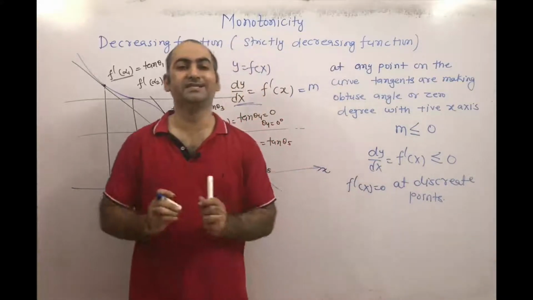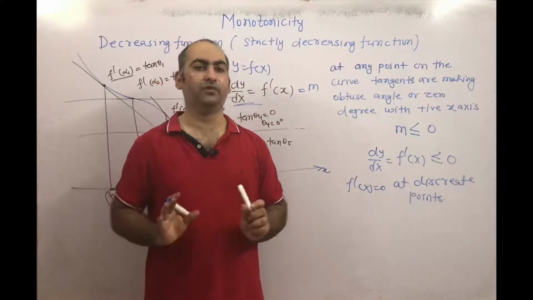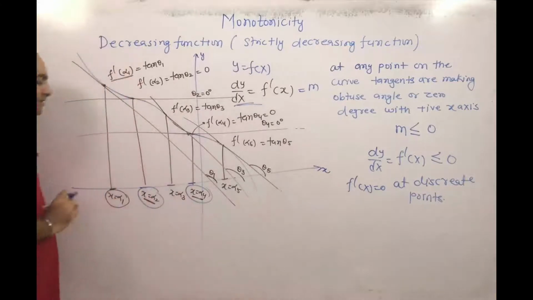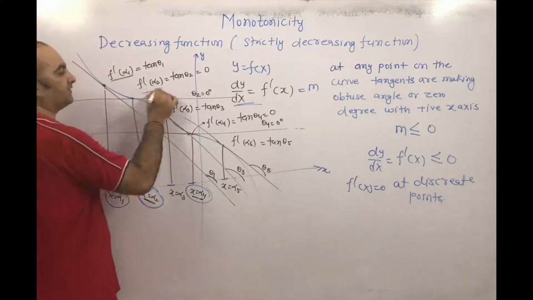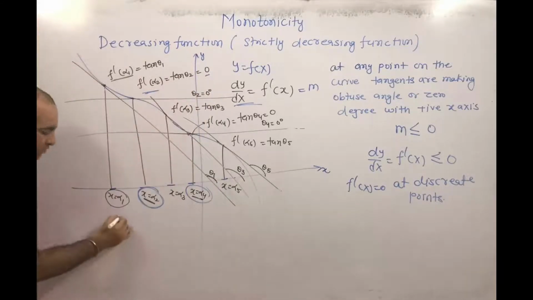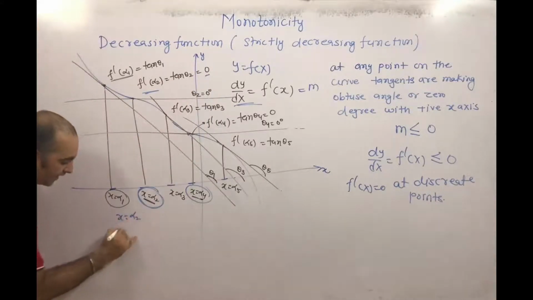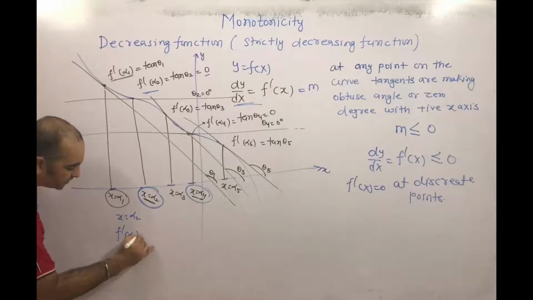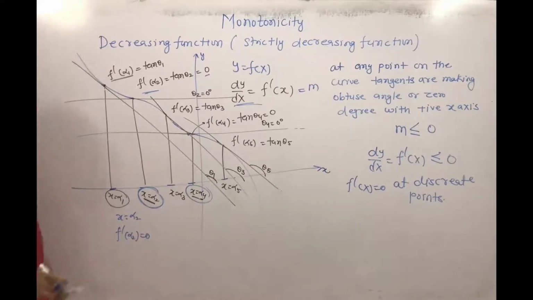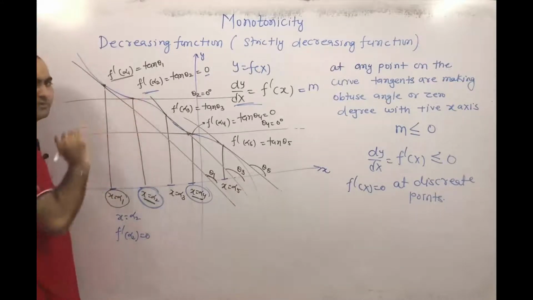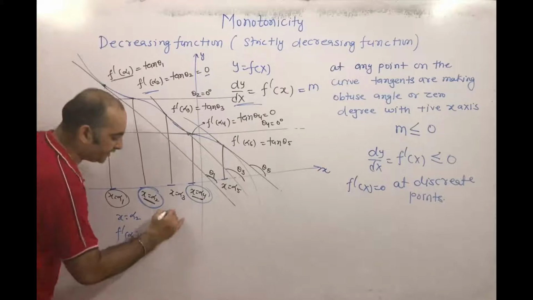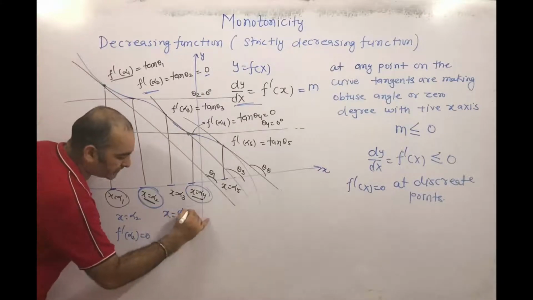Okay, so what is discrete point? Here I am explaining in full detail. So at alpha 2 if you check, f dash alpha 2 is 0. Okay, so x equal to alpha 2, f dash alpha 2 is 0. So discrete point is what? If I take any point right hand side of alpha 2, nearest point, neighborhood point we are taking, so we are taking x equal to alpha 2 plus h.